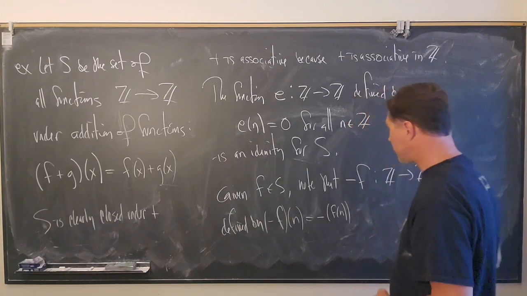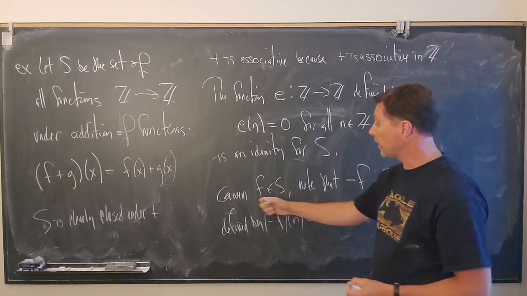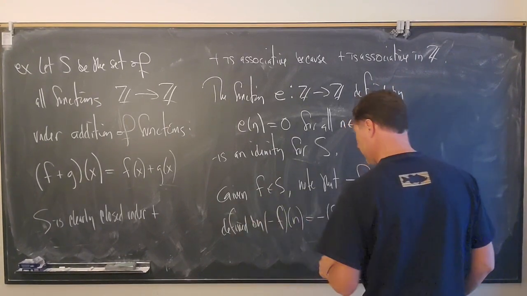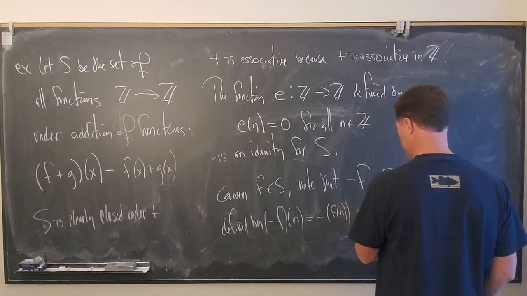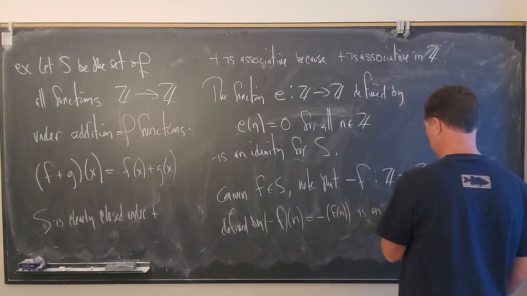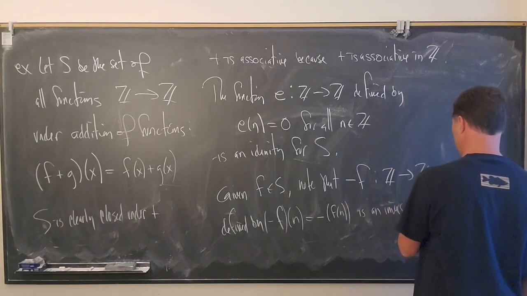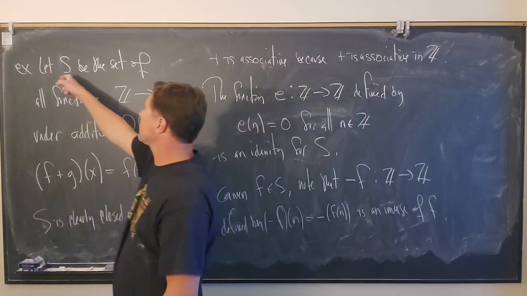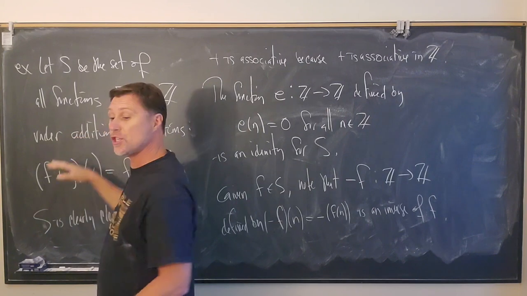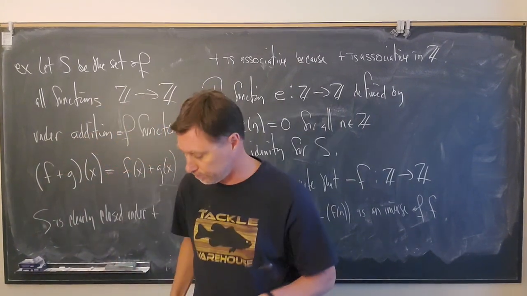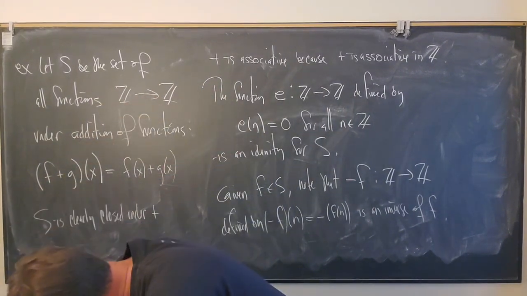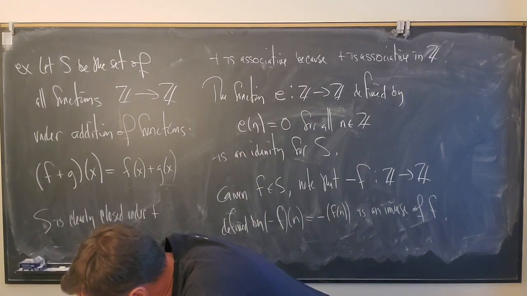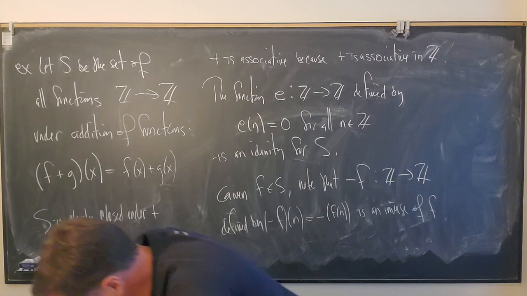So what do you do? You take n, plug it into f, and then negate it. That's how this function minus f is defined. So this is an inverse of little f. So what's our conclusion then? S, together with the operation of addition, is a group. Okay.